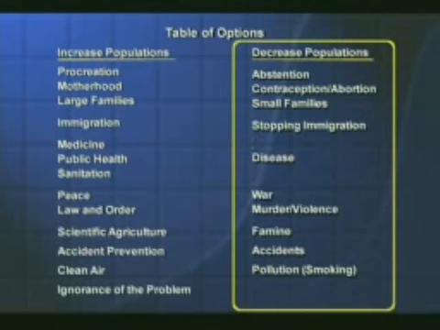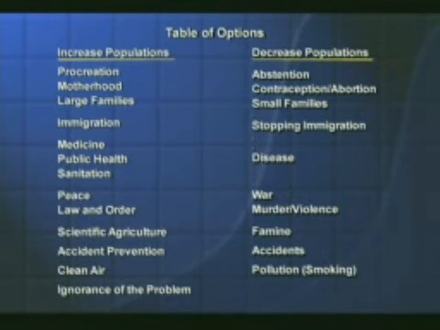Or we can exercise the one option that's open to us, and that option is to choose first from the right-hand list. We've got to find something here we can go out and campaign for. Anyone here for promoting disease? We now have the capability of incredible war. Would you like more murder, more famine, more accidents?